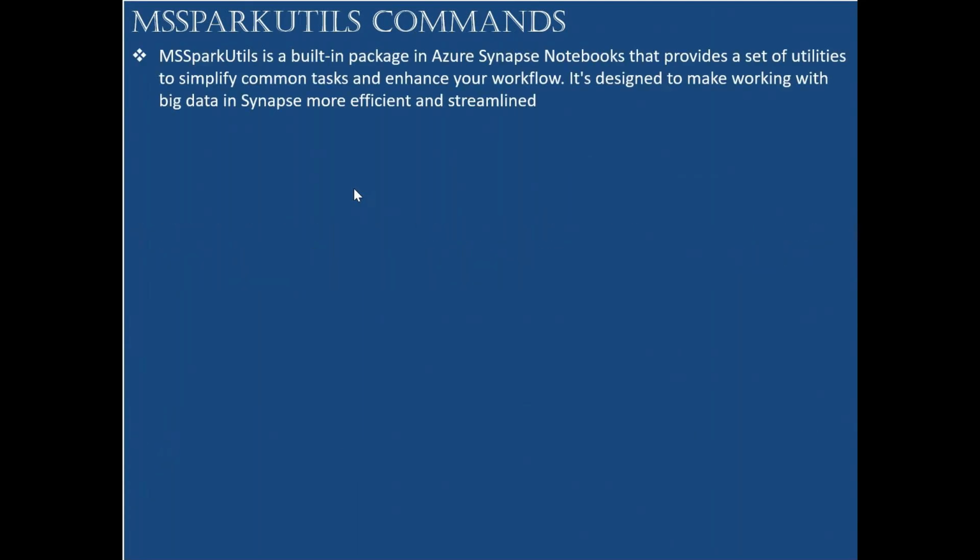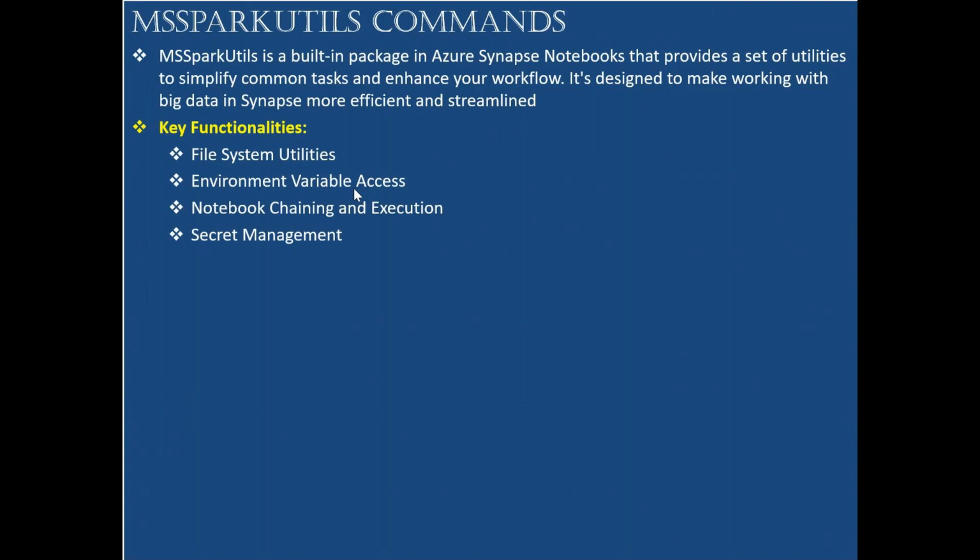mssparkutils commands: mssparkutils is a built-in package in Azure Synapse Notebooks that provides a set of utilities to simplify common tasks and enhance your workflows. It is designed to make working with big data in Synapse more efficient and streamlined. The key functionalities of the mssparkutils commands are file system, environment variable, notebook flow chaining and execution, and secret management.